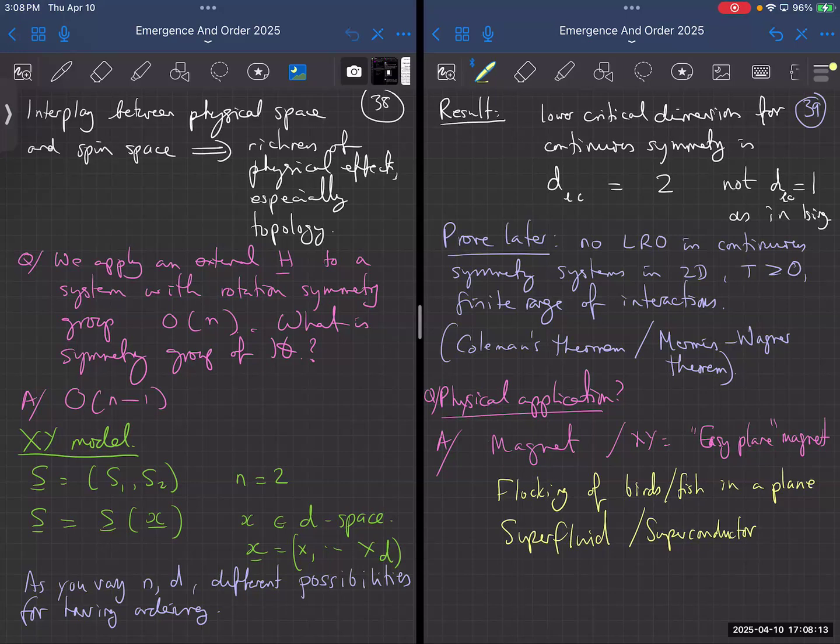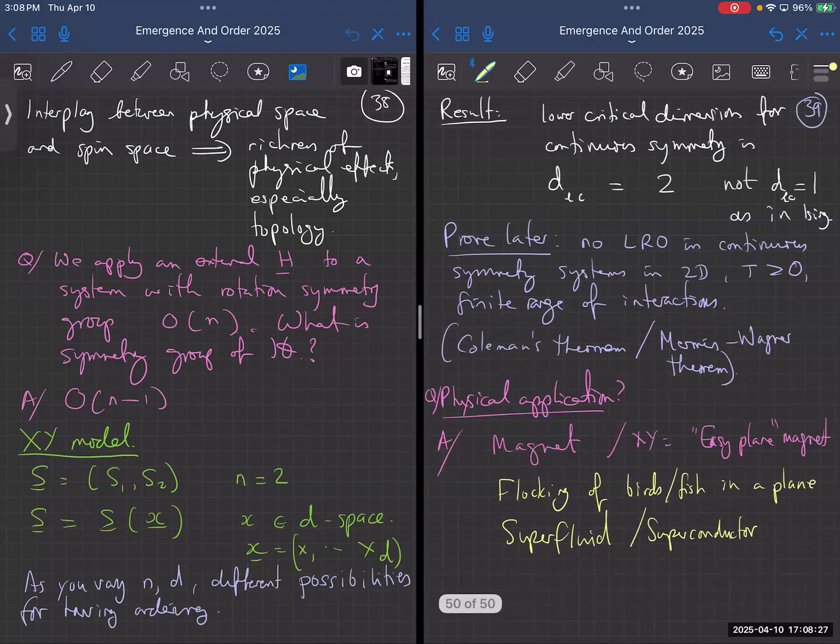Complex numbers. Are wave functions complex numbers? Yes or no? Yeah, wave functions are complex numbers. That's what you're taught in quantum mechanics. So the analog of the spin variable is the macroscopic wave function of the system.